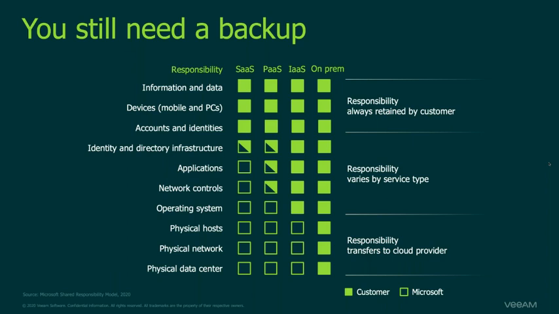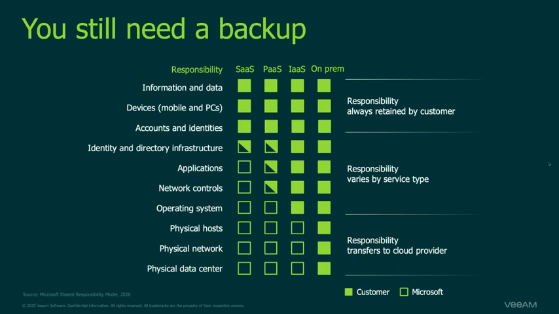So, on the right-hand side, on-prem, all of those boxes are highlighted. Go figure. I mean, we own everything. We're responsible for everything. Infrastructure as a service, we start to transition that responsibility of the physical hosts, the network, the data center to Microsoft, and then all the way over on the left, software as a service. They're going to take ownership of the OS, the applications, the networking controls, and some of the infrastructure and access management.